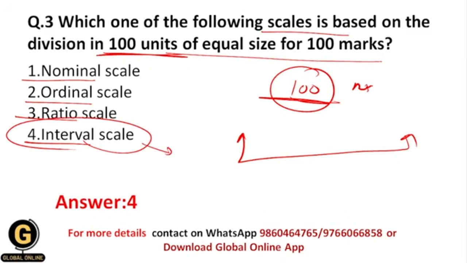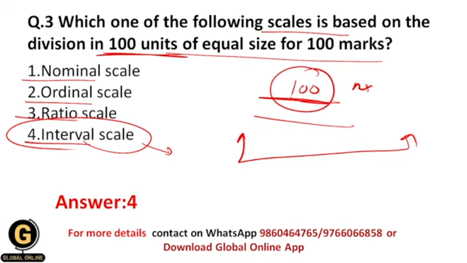So let me explain why. Interval scales are used to measure variables in which intervals between values are equal, but there is no true zero point. Here there are 100 marks and you are going to divide these 100 marks in 100 equal units, so you are going to measure variables in which intervals between values are equal.